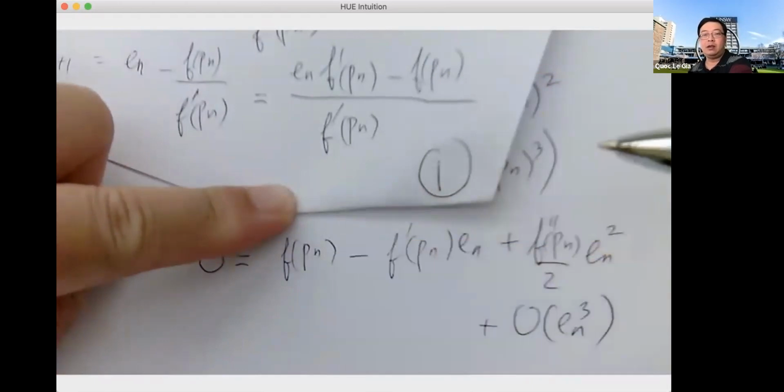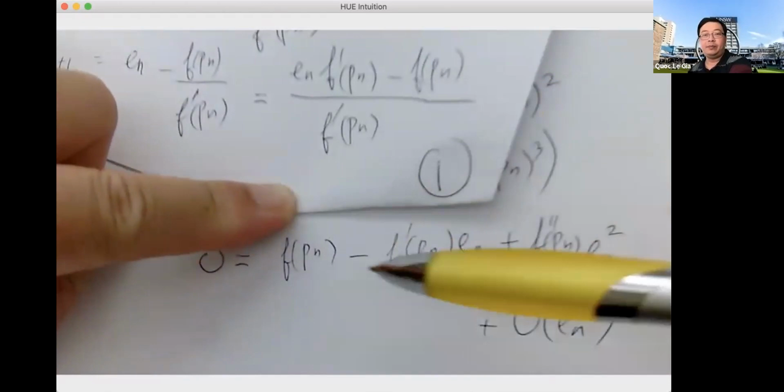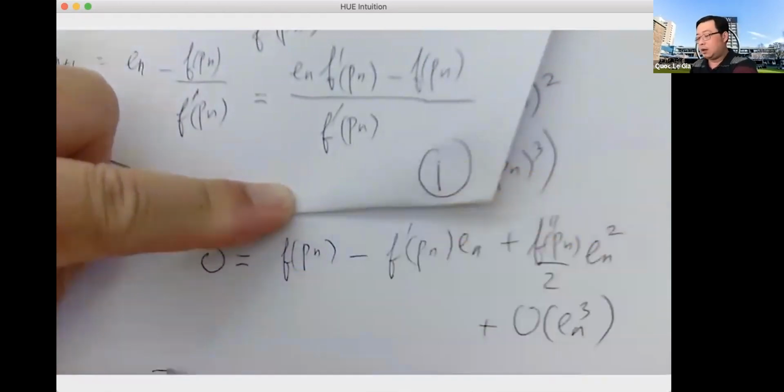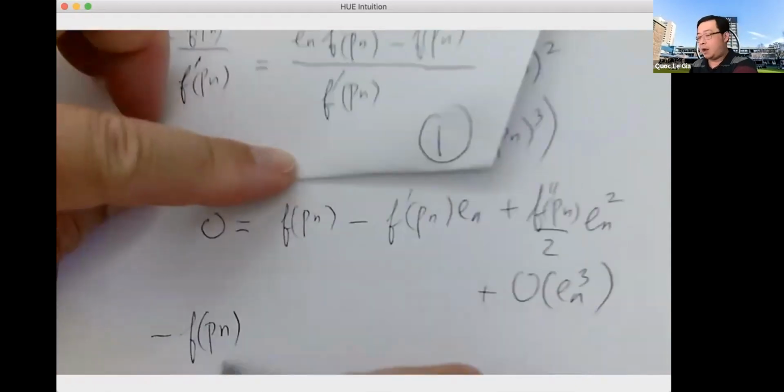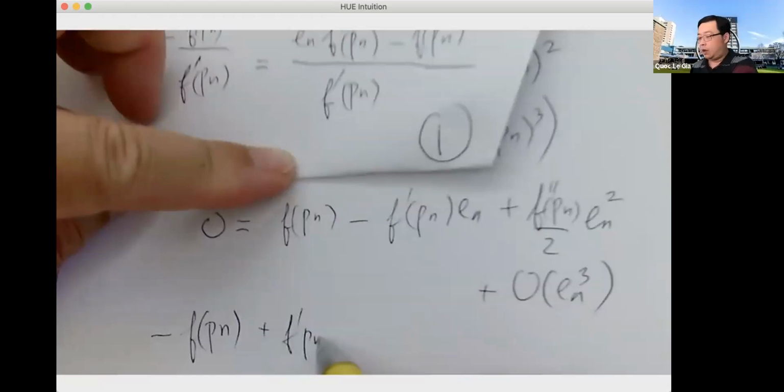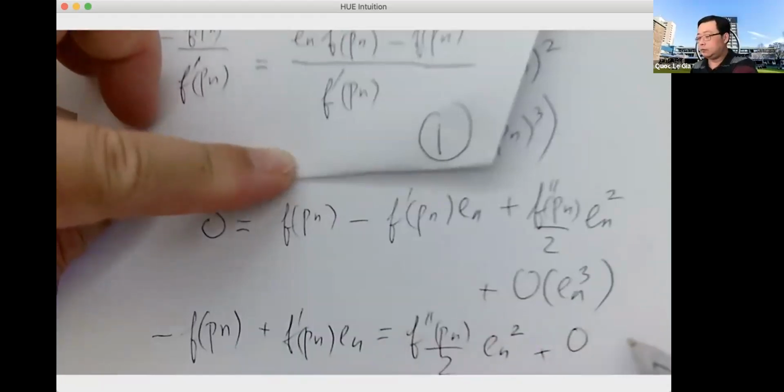Remember there's a 0 here, so they are related. So this just means that minus f(Pn) plus f prime(Pn) En can be written as a higher order term.